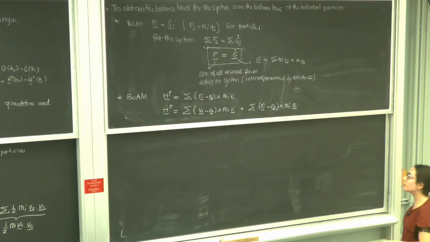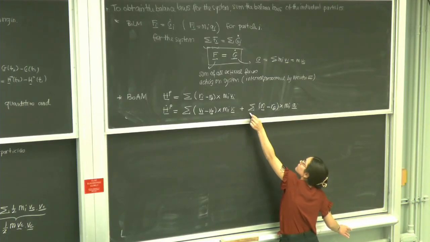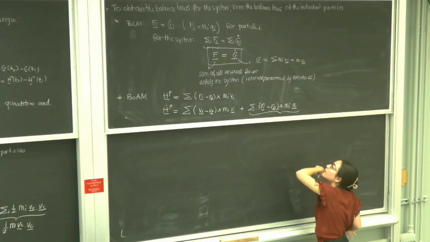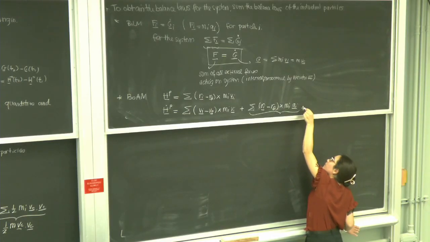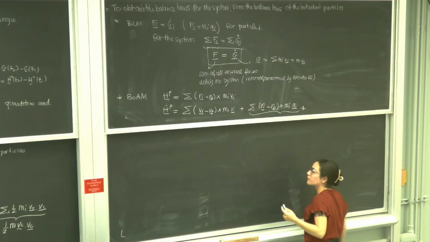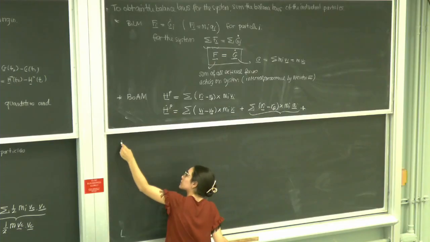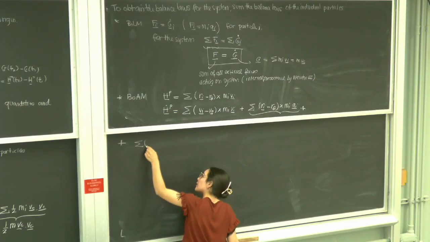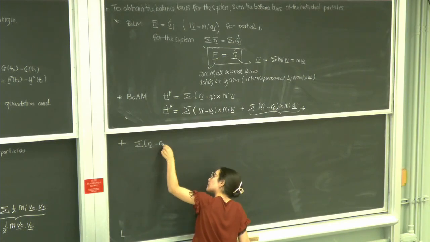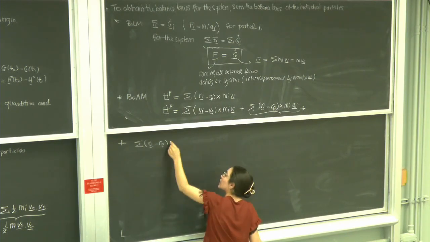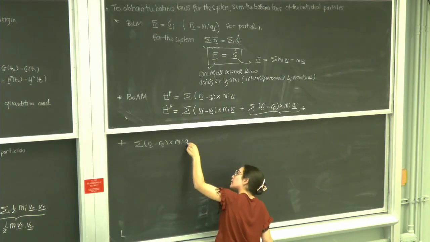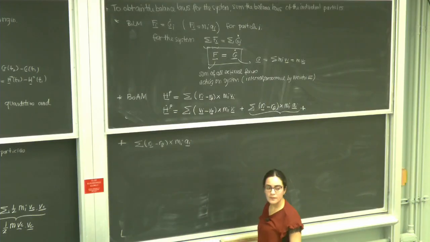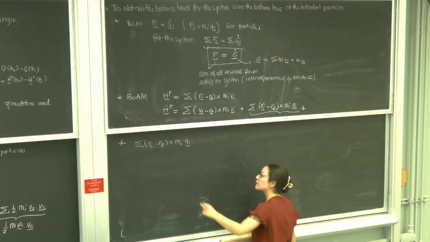Let's consider this last term. I'm going to call it the cross term: the sum of ri minus rP cross mi ai. What is mi ai equal to?